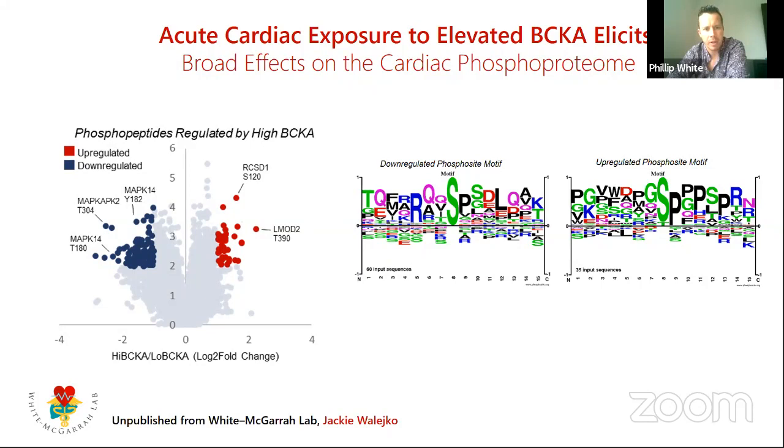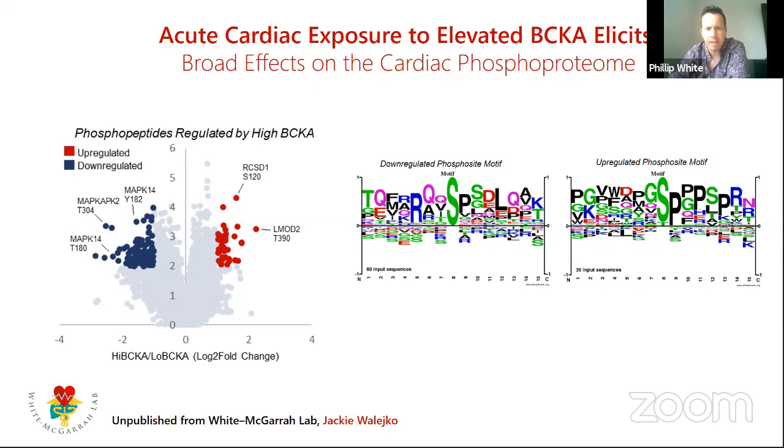There are also phosphorylation changes on MAPKAP kinase 2, which is a protein downstream of p38 signaling, as well as STAT1 and other sites regulated by p38 MAP kinase. This suggests that branched-chain keto acid exposure might be reducing signaling through the p38 pathway within the heart.